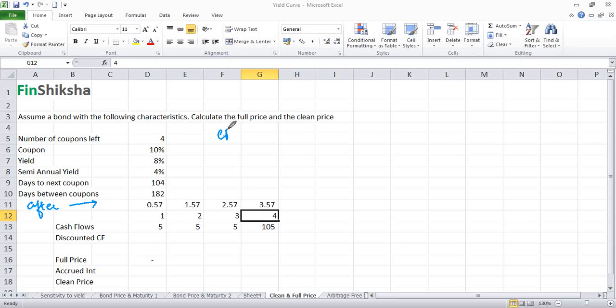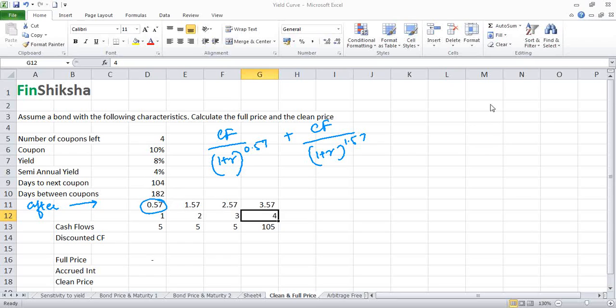So your cash flow has to be discounted by 1 plus r to the power 0.57, plus 1 plus r to the power 1.57, because we are taking this back to today's date, which is already 78 days ahead of the last coupon payment. Correct? So that's the trick in this question.